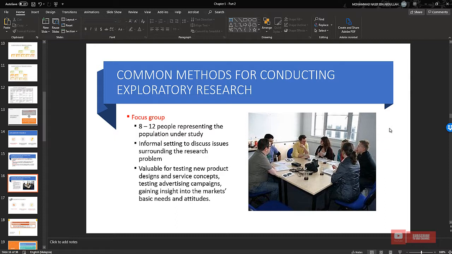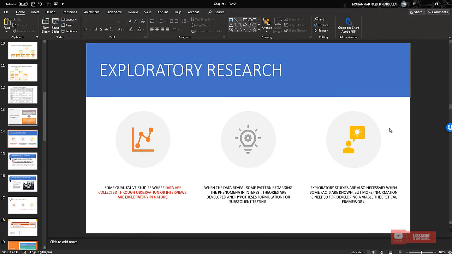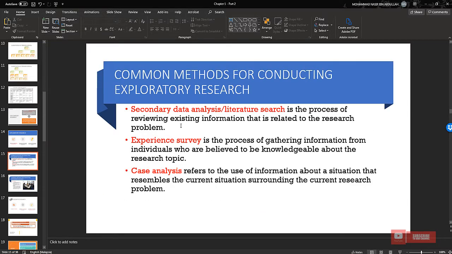Maybe you can do testing of an advertisement campaign, gaining insight into markets, basic needs and attitudes. So these are the four sources of information that we can get when we do exploratory research.